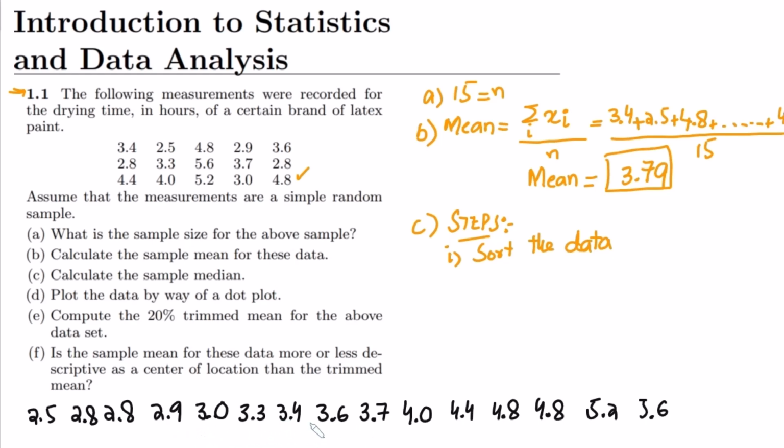So 7 will be on the right side of the median and 7 on the left side. Let me count them: 1 2 3 4 5 6 7, similarly 1 2 3 4 5 6 7. As 15 is an odd number, the midpoint here will be 3.6.